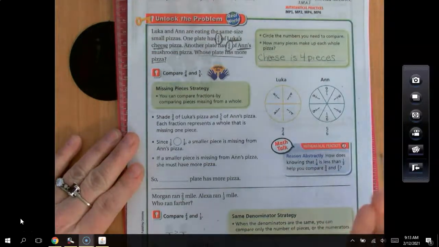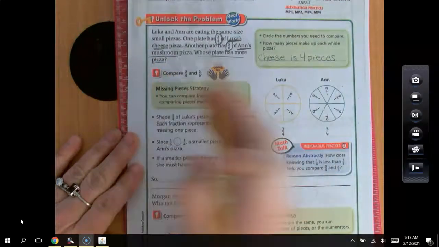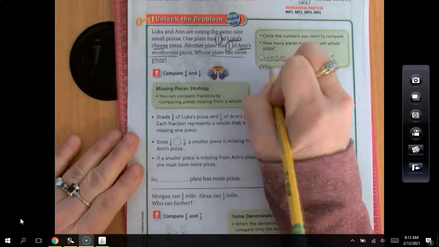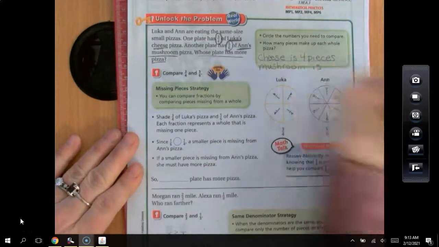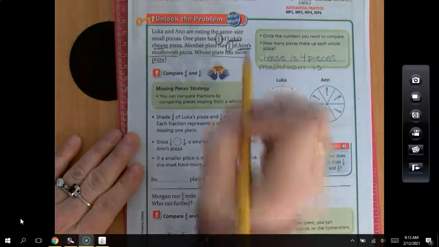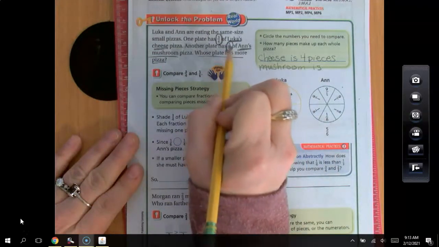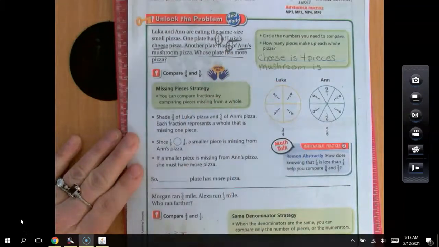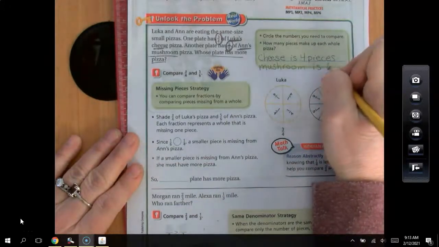What is she getting on her pizza? She's getting mushrooms. So how many pieces is the mushroom pizza? Remember, the total number of pieces is your denominator. So how many total pieces does Anne's mushroom pizza have? Yes, 6. So she has 6 pieces.